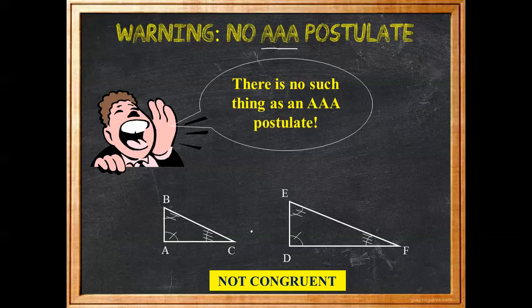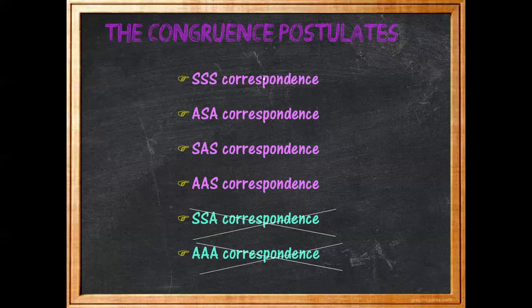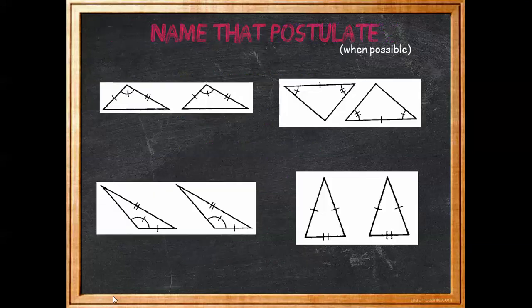So if we're given that all three angles are congruent, that does not mean that the triangles are congruent. So here they are: side, side, side, side, angle, side, angle, side, angle, and angle, angle, side. Okay? There is no SSA and there is no AAA. Okay, that's just something you got to memorize.